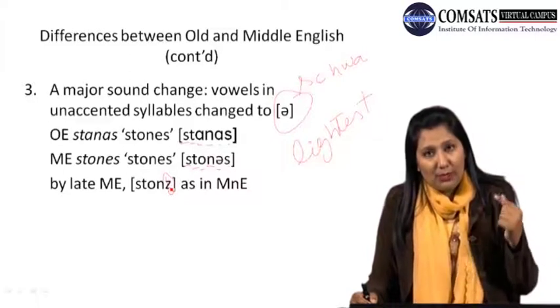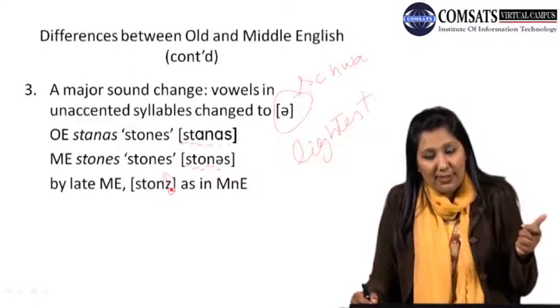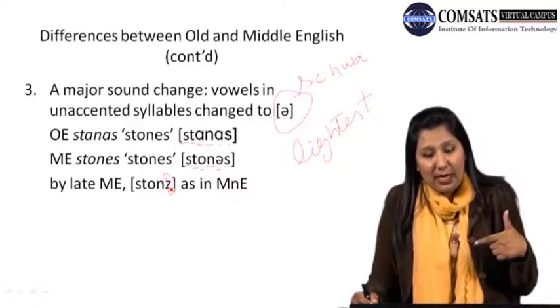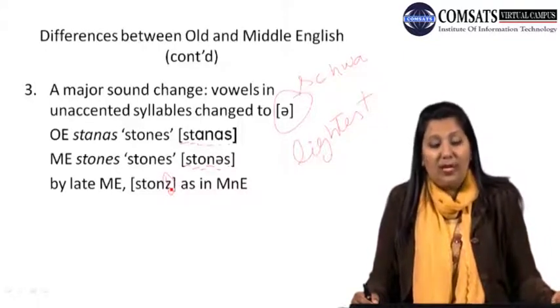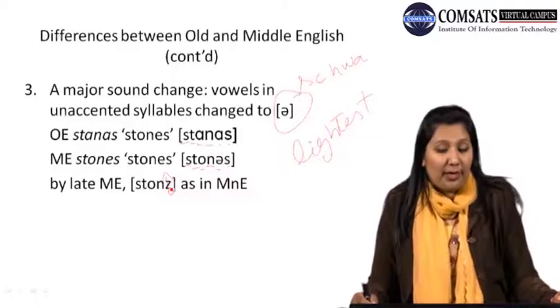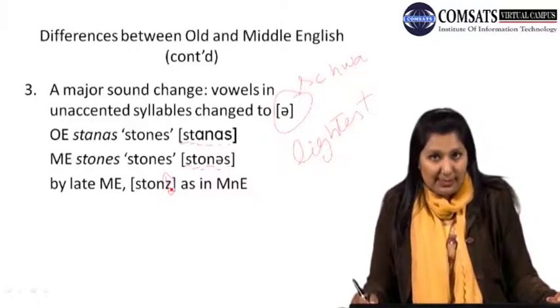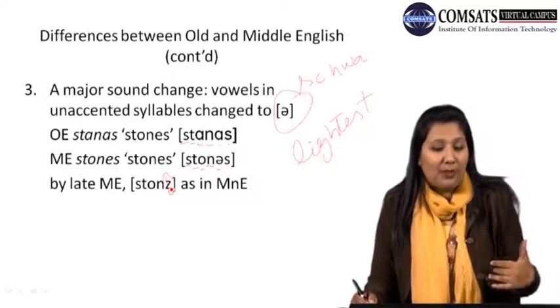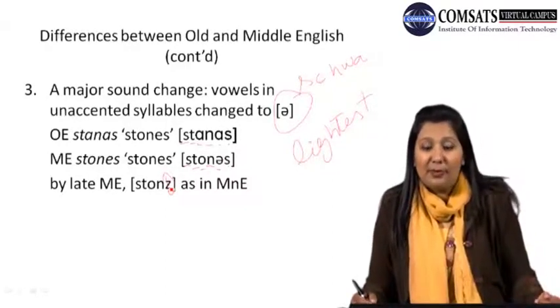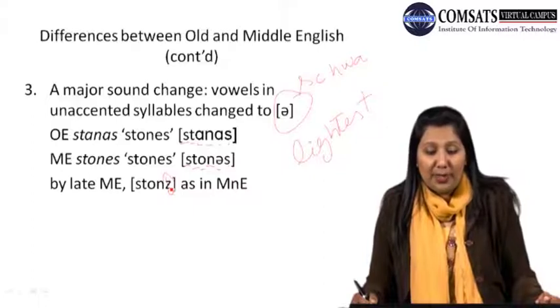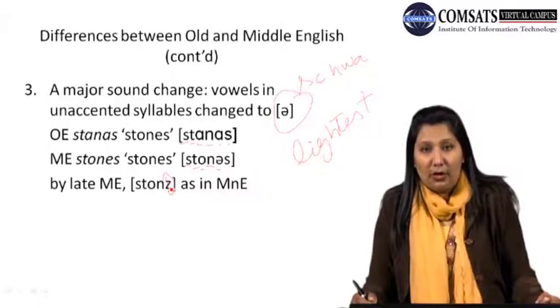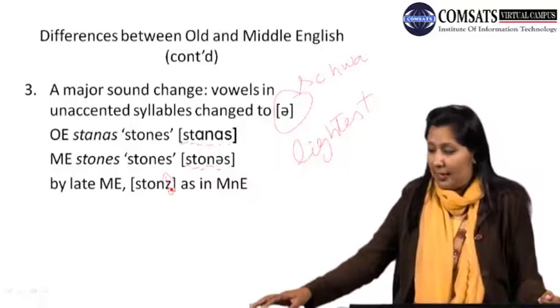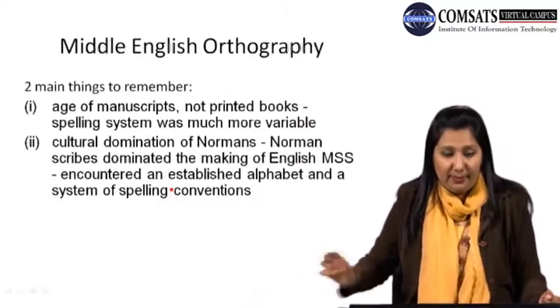A little vowel was there, a schwa vowel, and then the s was pronounced, stonus. Whereas in the late Middle English period, it became stones. It's not only the sound, the s sound, both were replaced with the z in the modern English period, while it was stonus in the Middle English.